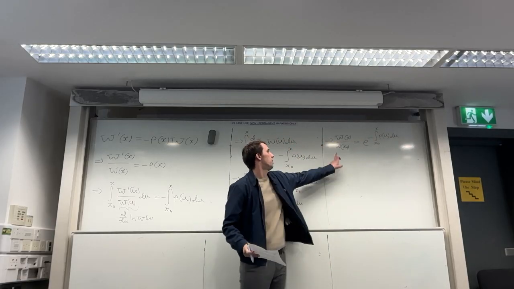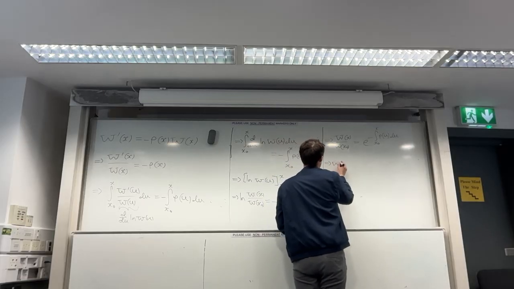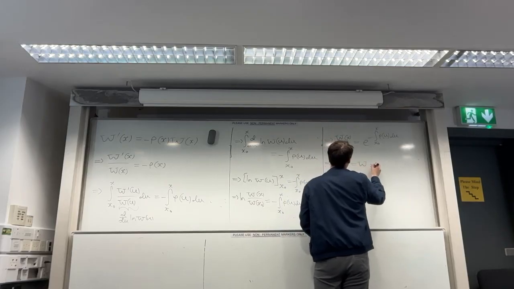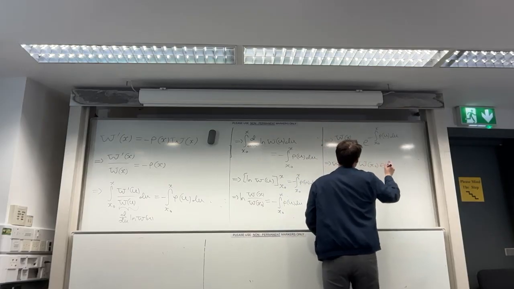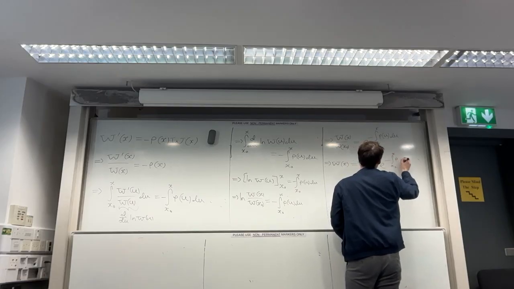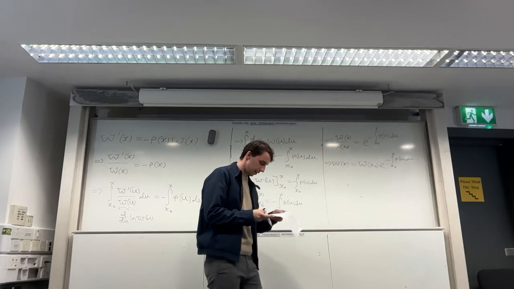Then we can just multiply both sides by W of x0 to solve for W. So W of x is W of x0 times e to the power of minus the integral from x0 to x of P of u du.